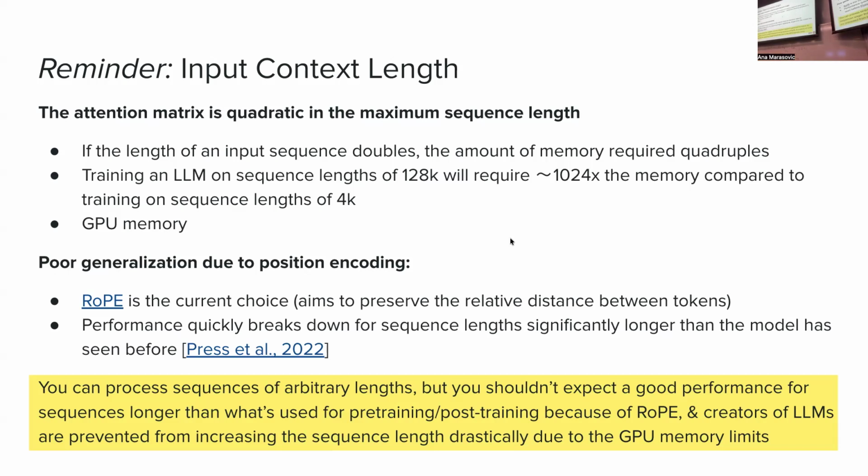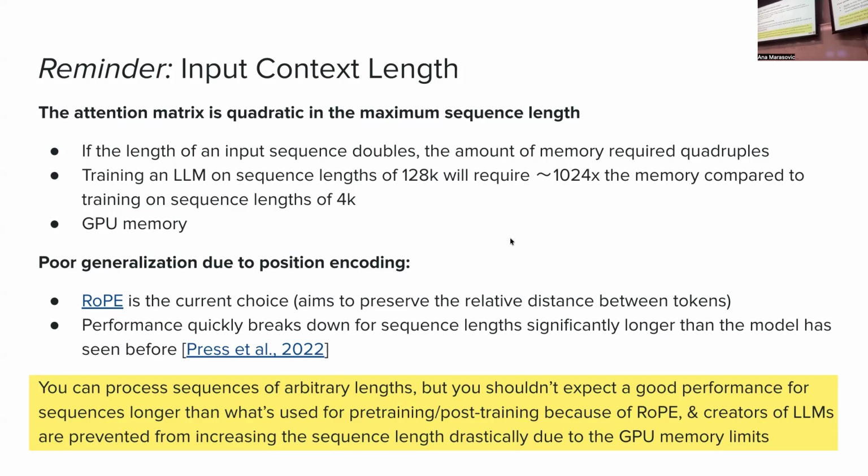The other thing is that RoPE, as we know, is the current choice for the encoding of positional information. And although in theory it should work for sequence lengths we haven't seen, there is nothing in the theory of it that prevents it from encoding positions it hasn't seen during training well.